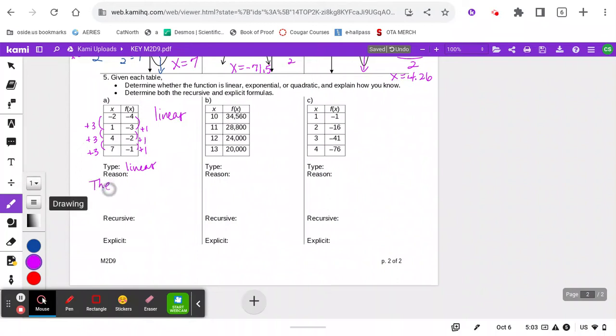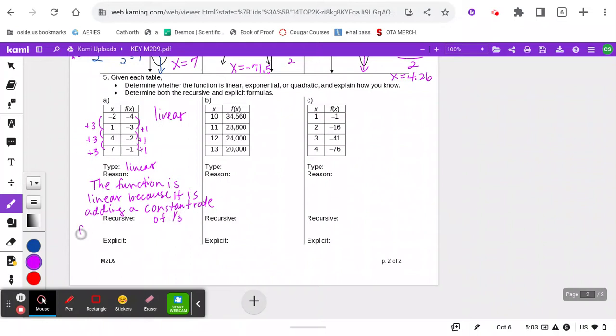So the function is linear because it is adding a constant rate of 1/3 each time.